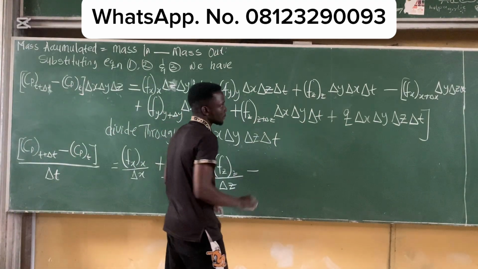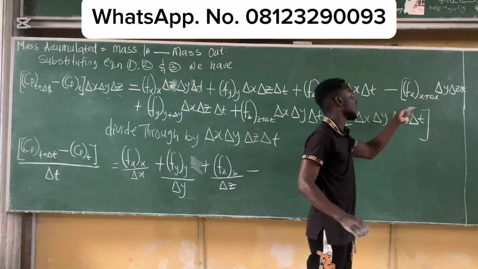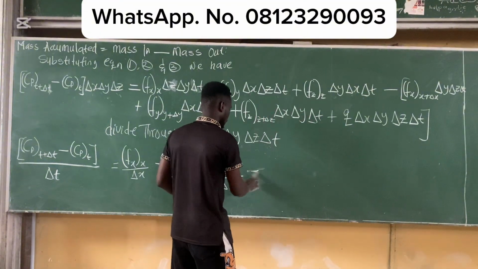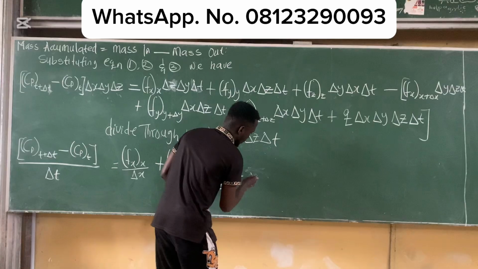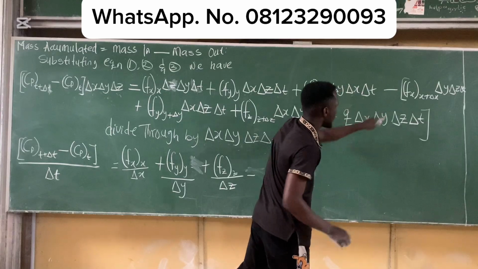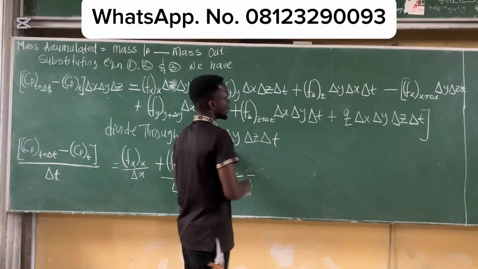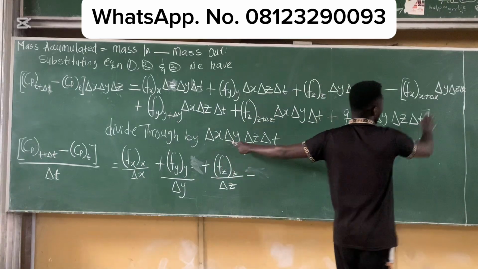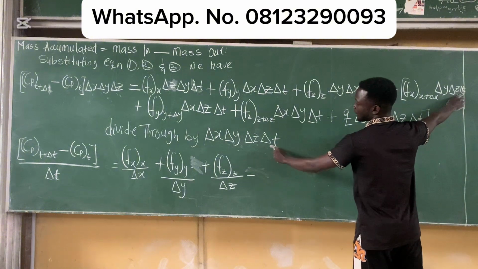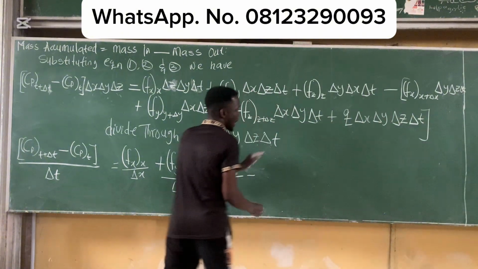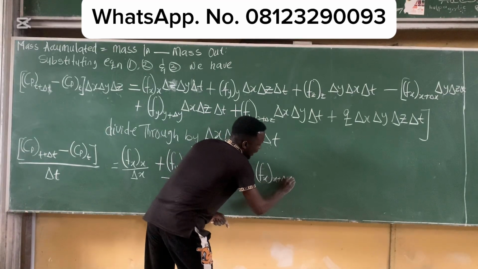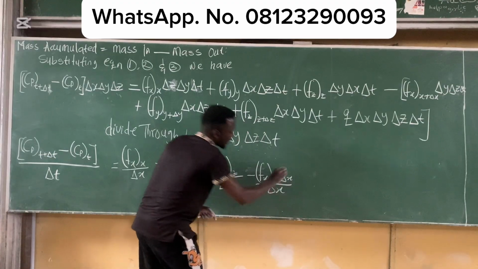Then minus, if we use the minus to open this bracket, this will give us minus, this first one here will be minus, delta x is not there, delta y we cancel delta y, delta z we cancel delta z, and delta t we cancel delta t, so we'll be left with a minus f of x plus delta x all divided by delta x.